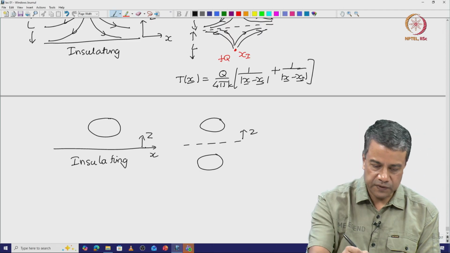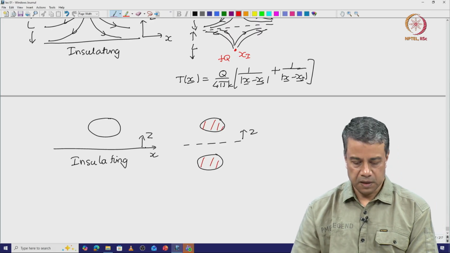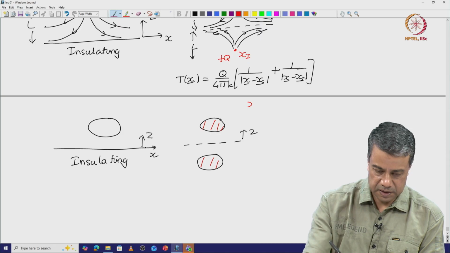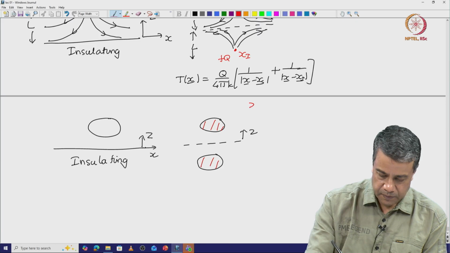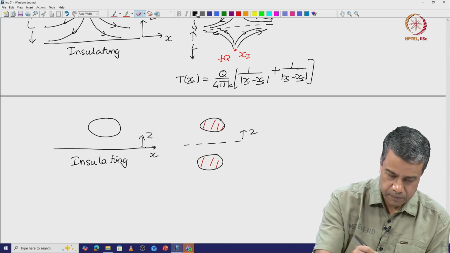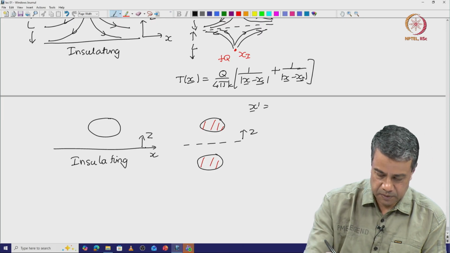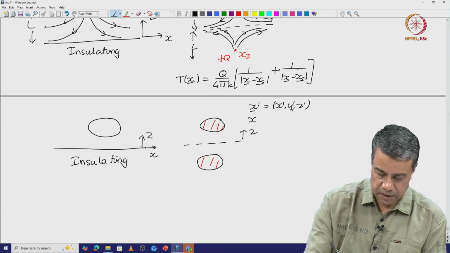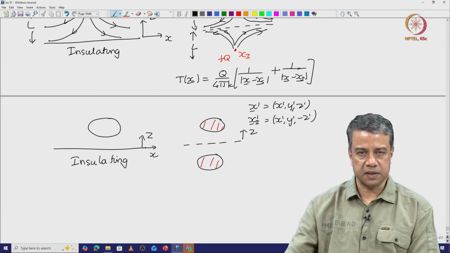Both of these are sources of equal source strength. And the image point, of course, if you have a source at x prime equal to (x prime, y prime, z prime), then this image location will be equal to (x prime, y prime, minus z prime). So, that is the image location.